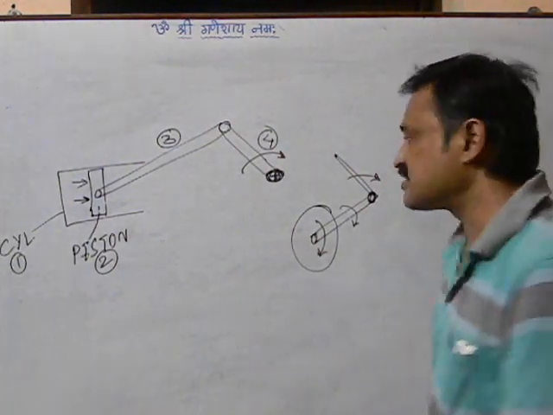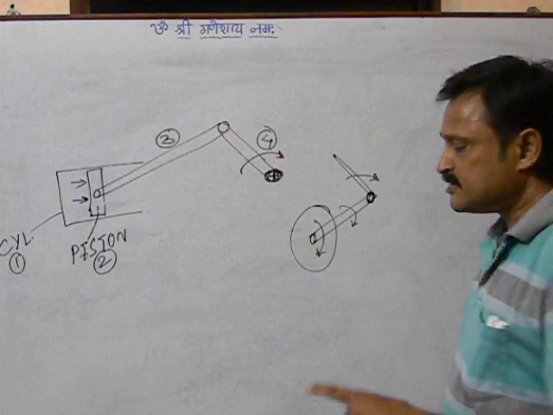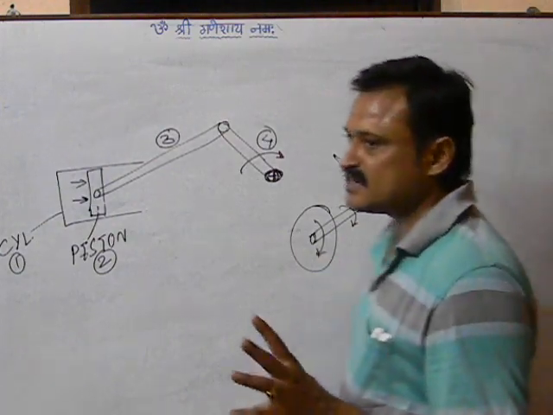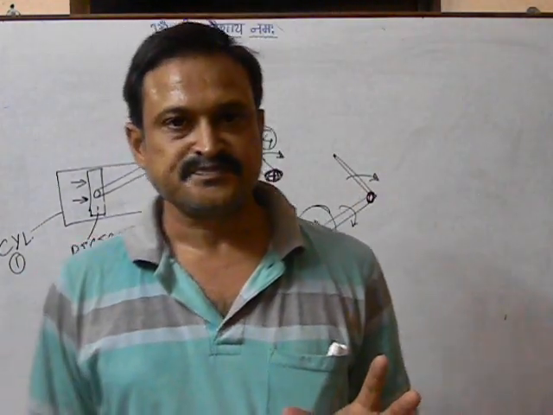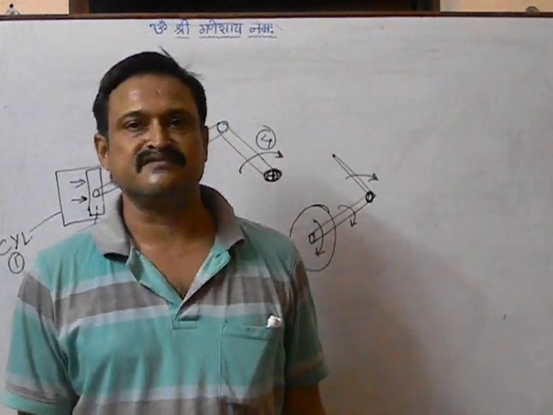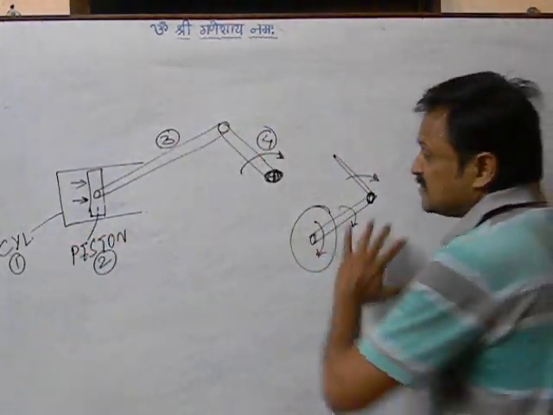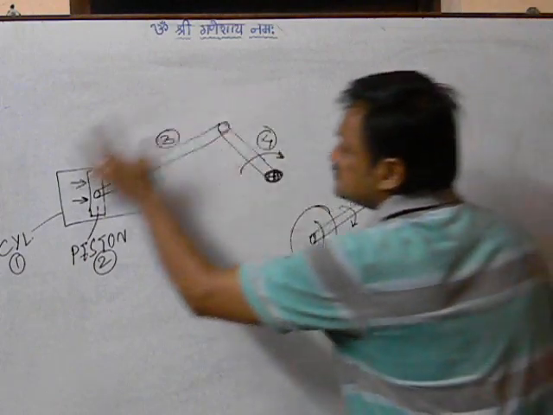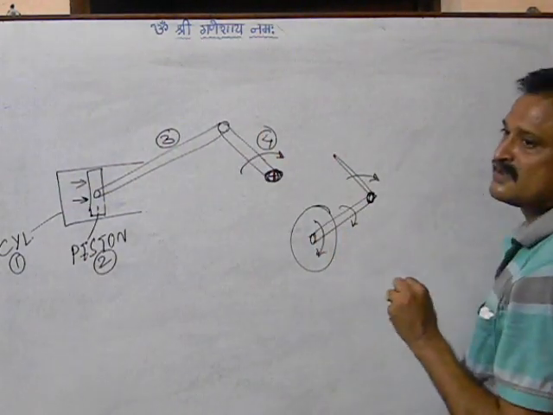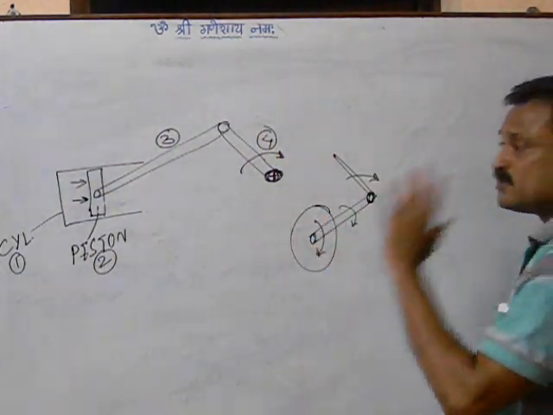My entire focus was primarily to rotate the wheel, so that until and unless the wheel rotates, the vehicle is not going to have motion, right? So in this entire arrangement we were focused on motion.